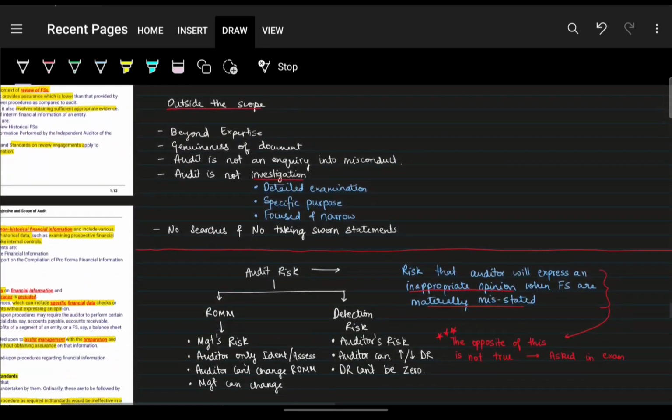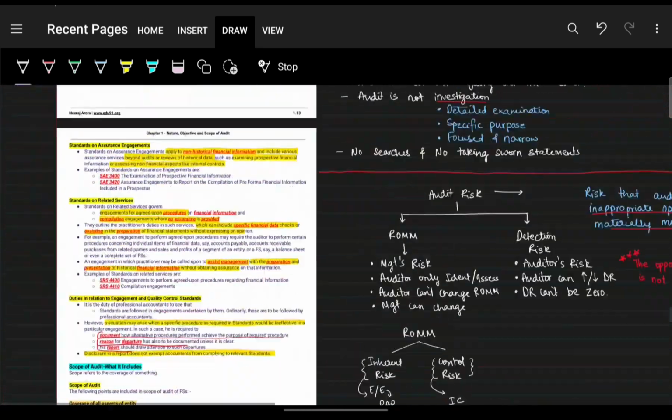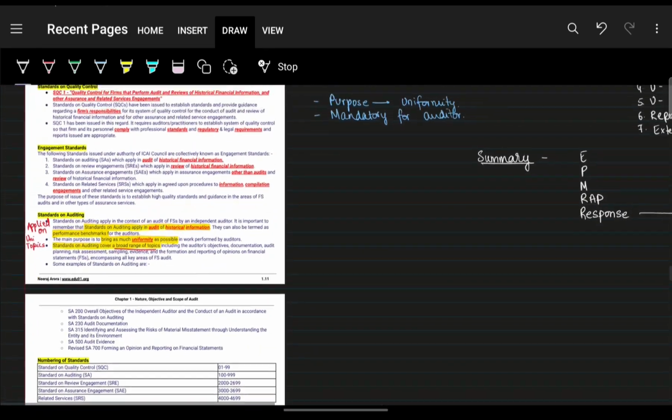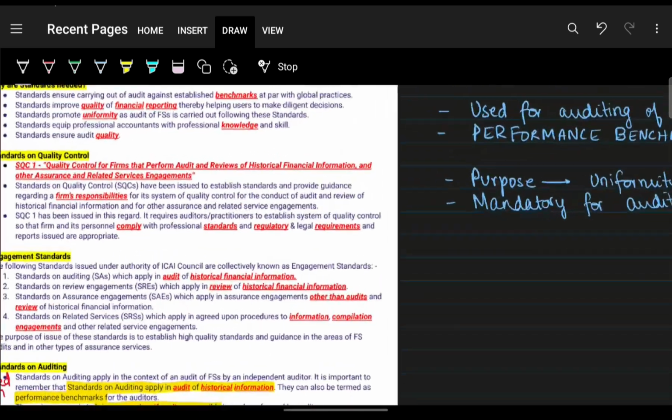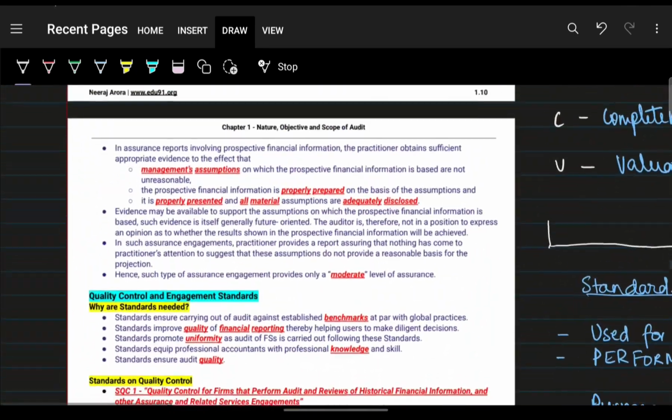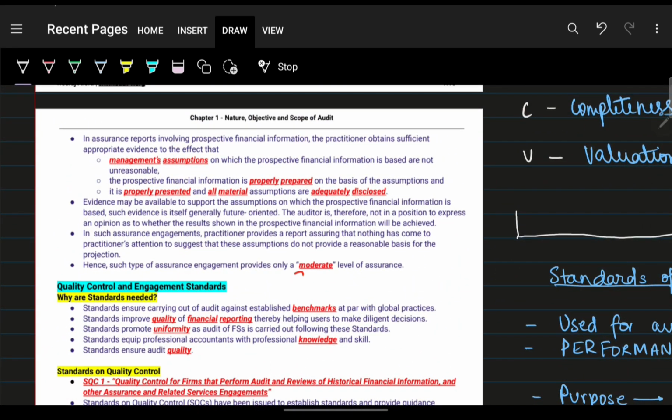Is there anything else that we might have missed? Okay, we just have to cover these short notes, right? Short notes on SQC, SAE, SRE, and SRS.